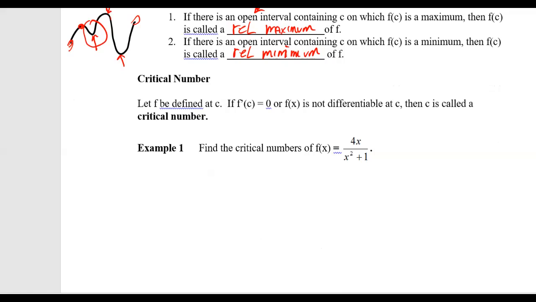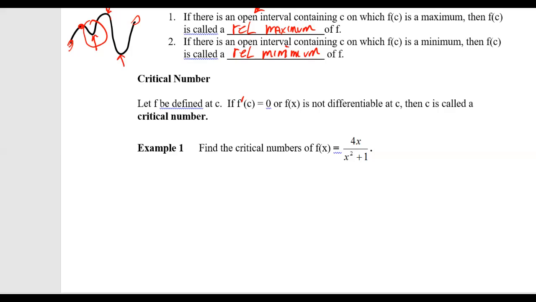If f prime of c is 0 or f is not differentiable at c, in other words, if the derivative is undefined right there at c, then we call c a critical number.